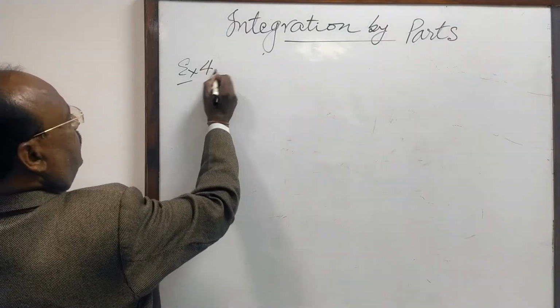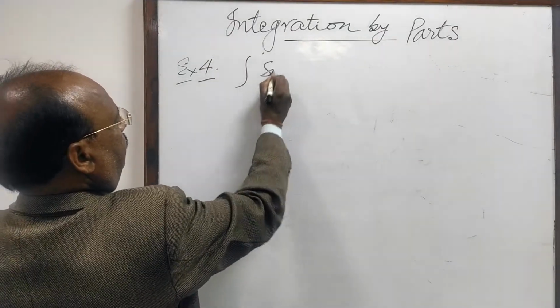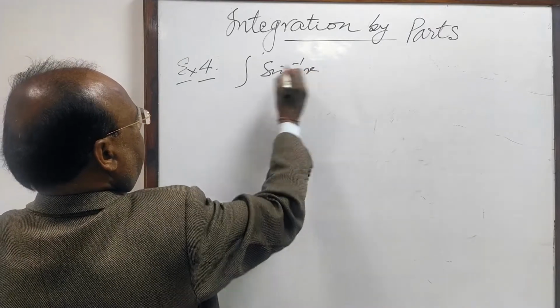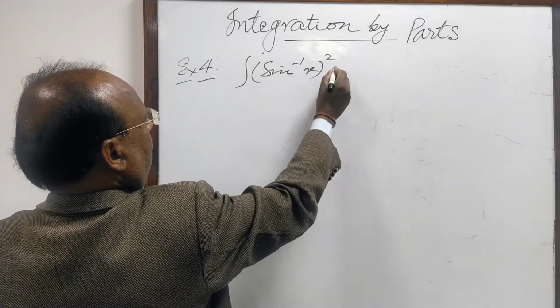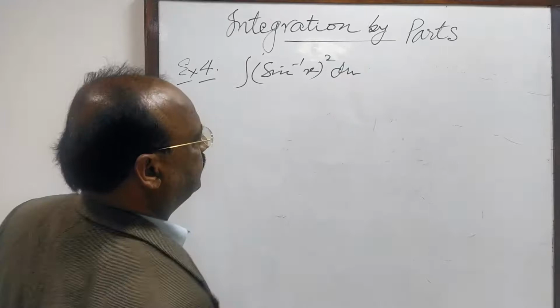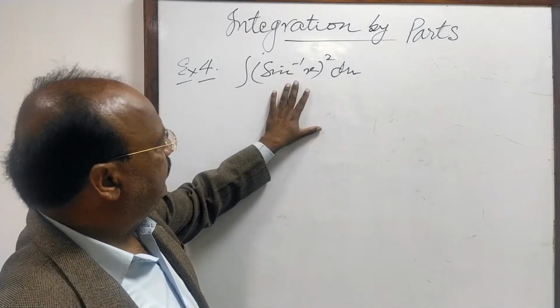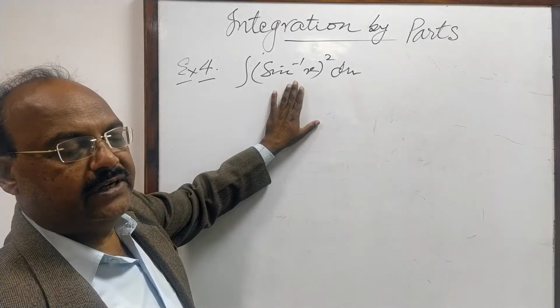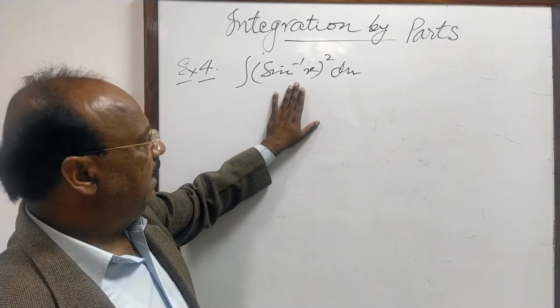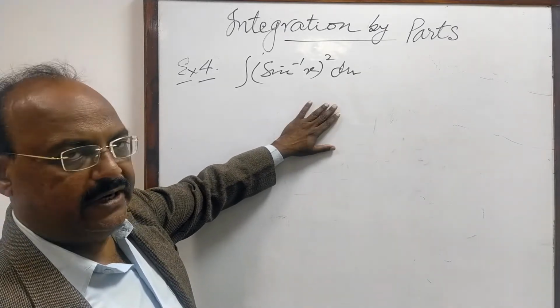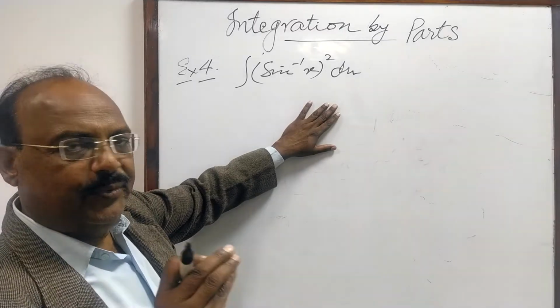The next question is integral of sine inverse x whole square dx. You see, here also we find only one function, sine inverse x whole square. But we can get a product of two functions very easily. There is a very simple trick.